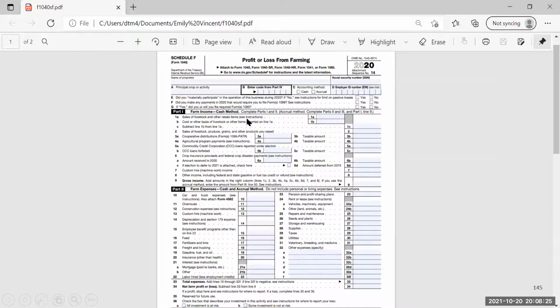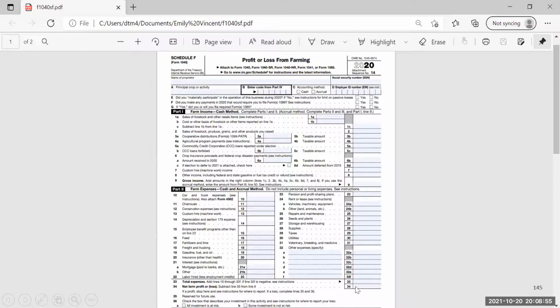This is a cash method, meaning we record cash when we receive it and record expenses when we pay them. Farm income is on top, just like an income statement, and farm expenses on the bottom. To manage income tax liability, we're trying to control line 34, which is net profit and loss.